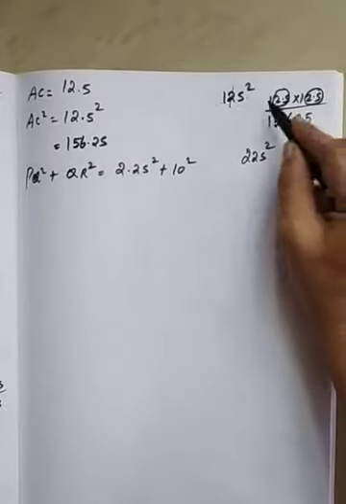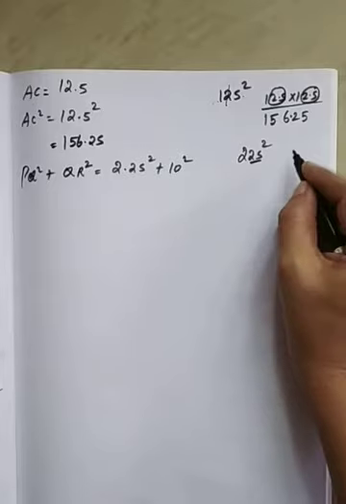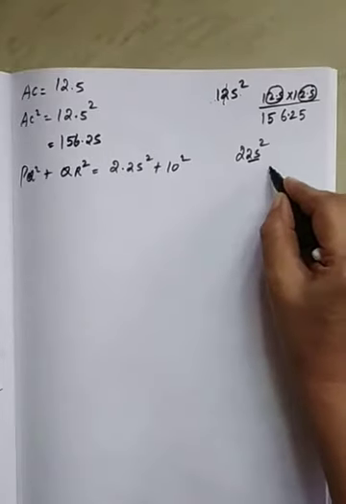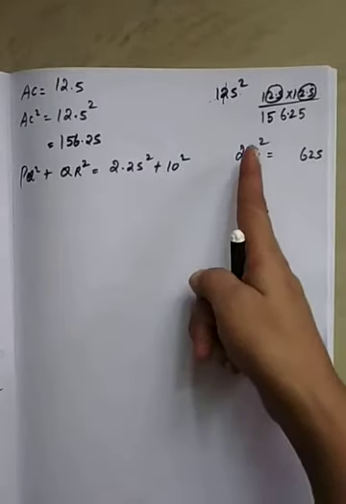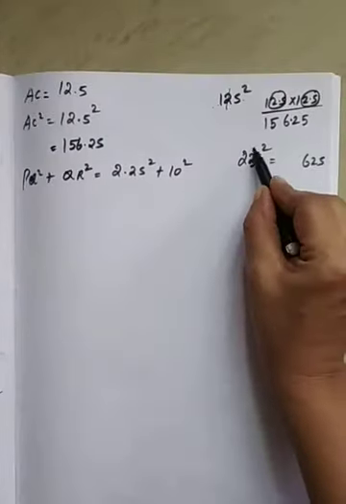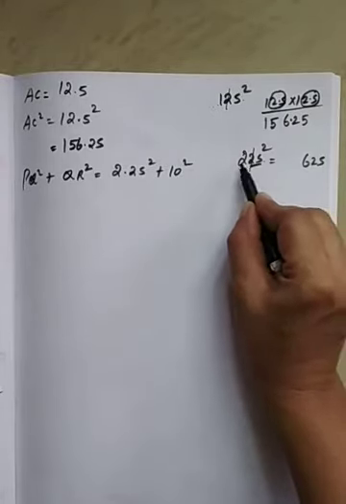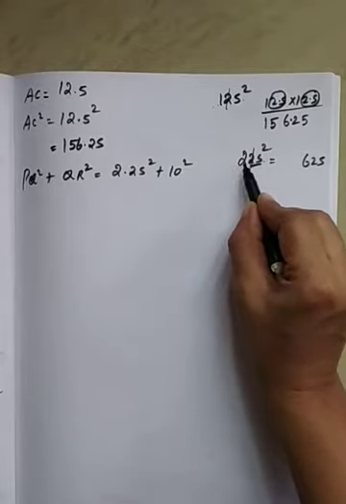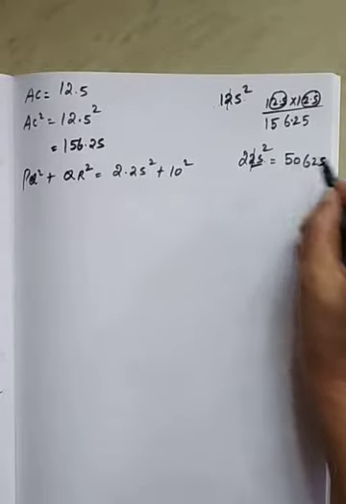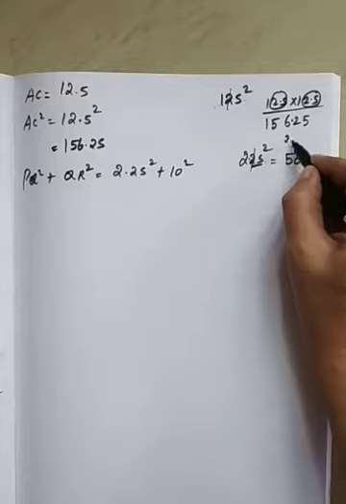The same procedure applies. First take 25 squared, which is 25 into 25, 625. Now forget the middle term, and you get 25. Multiply that 25 by the first digit, 2. 25 into 2 is 50.